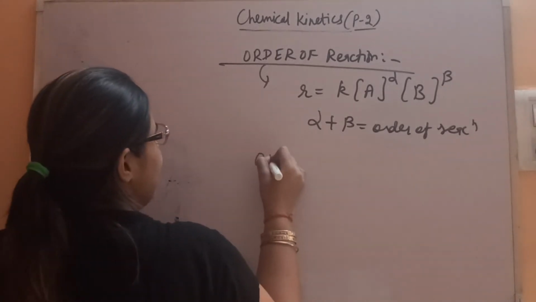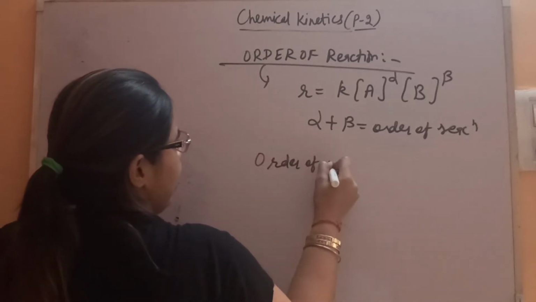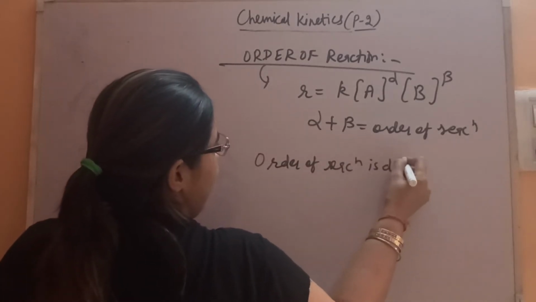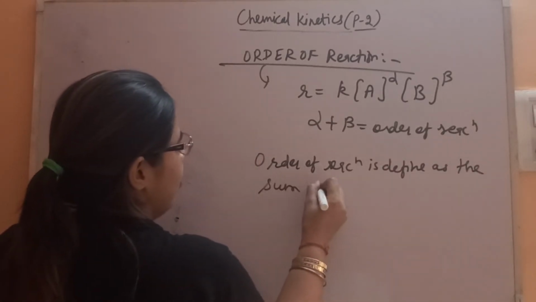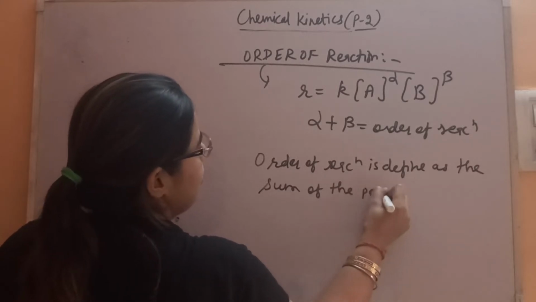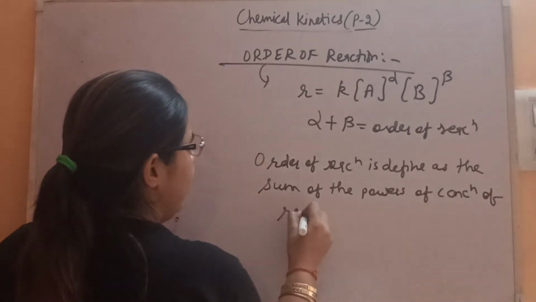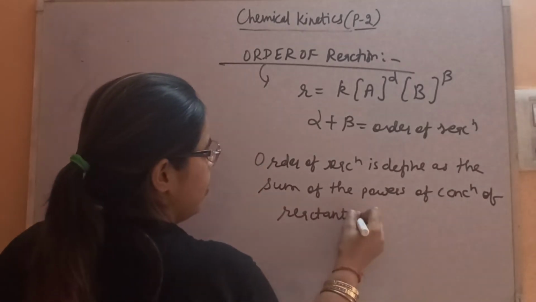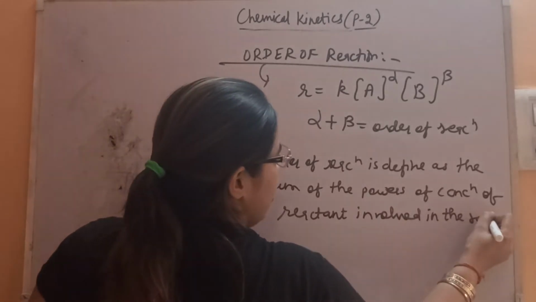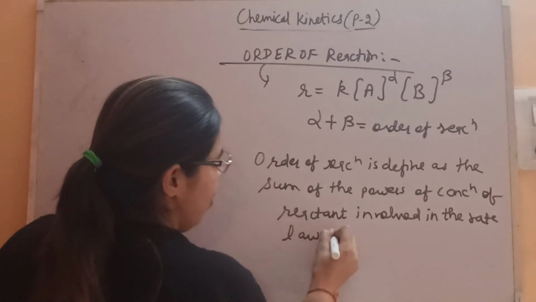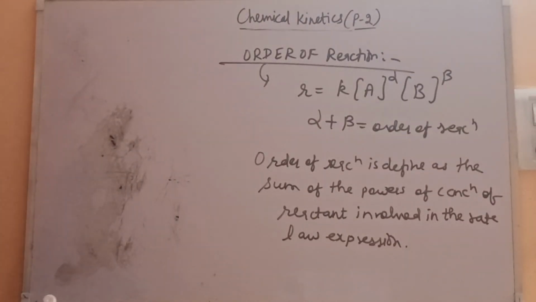So order of reaction is defined as the sum of the powers of concentration of reactant involved in the rate law expression. So here alpha plus beta is known as order of reaction.